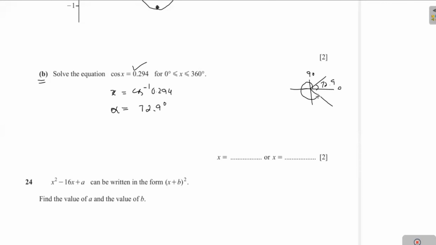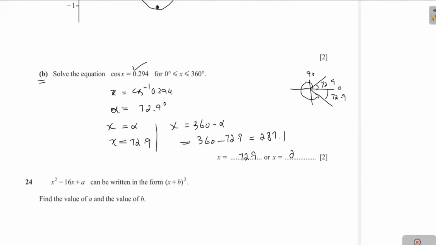Therefore, x will be equal to the acute angle value, 72.9. Next x value is x equal to 360 minus alpha, which is 360 minus 72.9, and this will be equal to 287.1. Therefore, the values of x are 72.9 and 287.1. This is the answer.